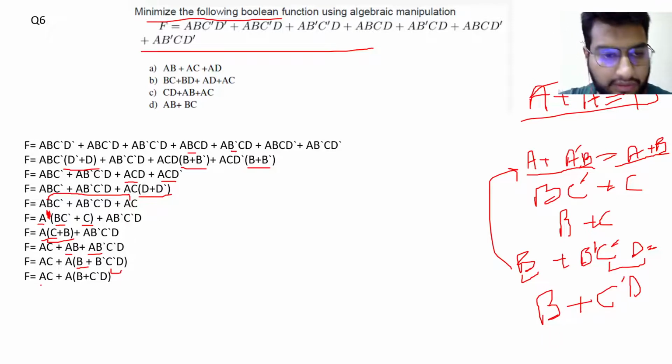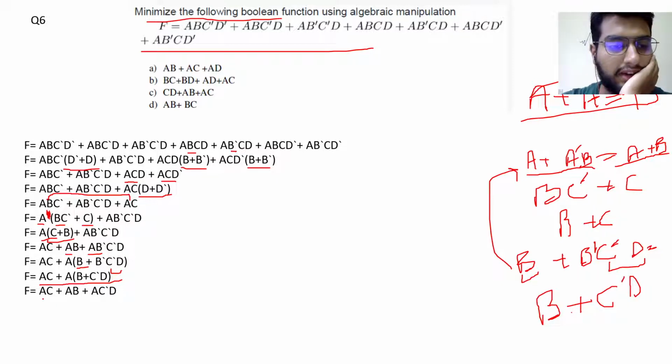So now my expression is reduced to AC plus A times B plus C complement D, and when I add them I get AC plus AB plus AC complement D. Now I take out A common between the first and third term.